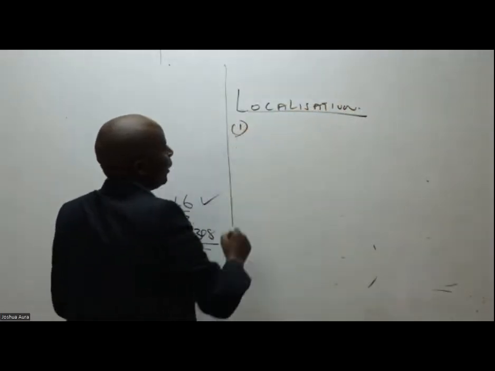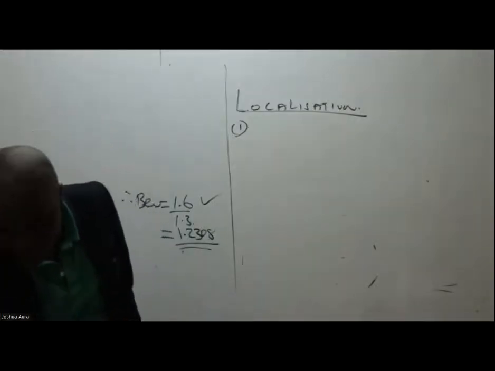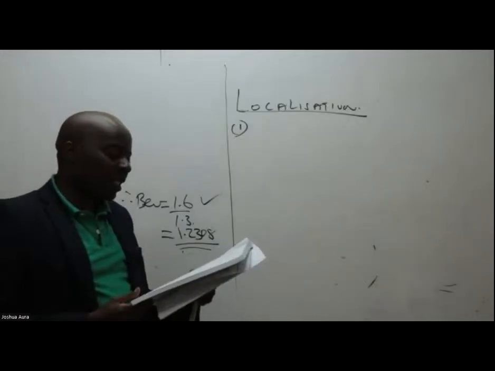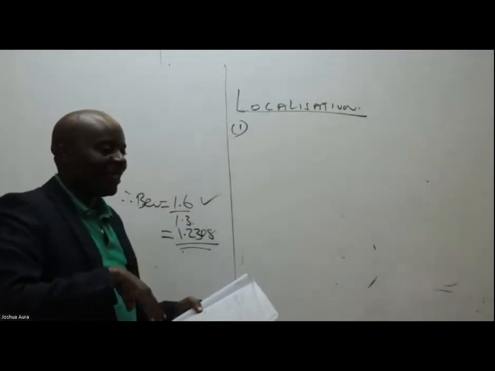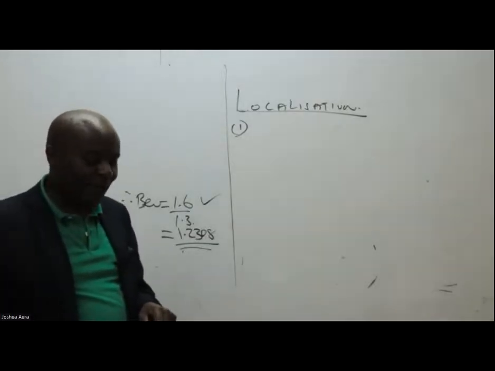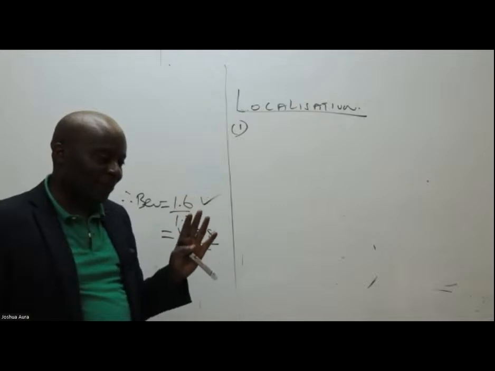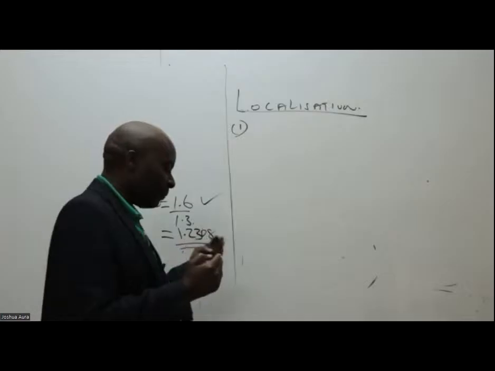We start with number 1, where I've got 30% debt and 70% equity. I would have wanted to avoid this step, but let's just be procedural.